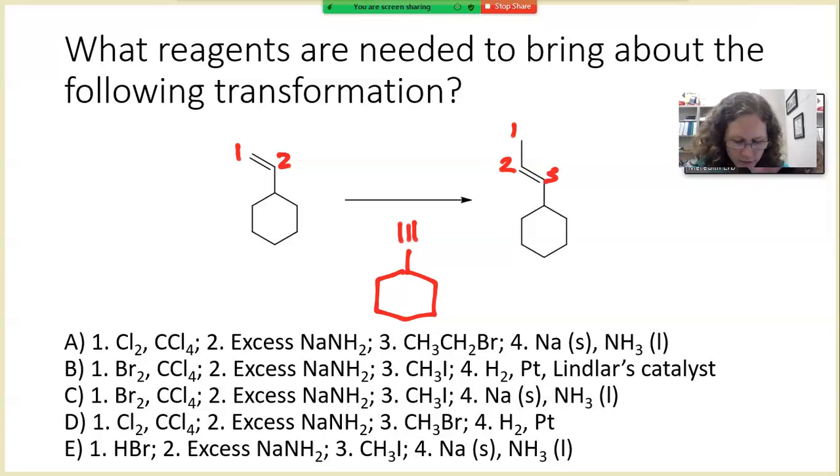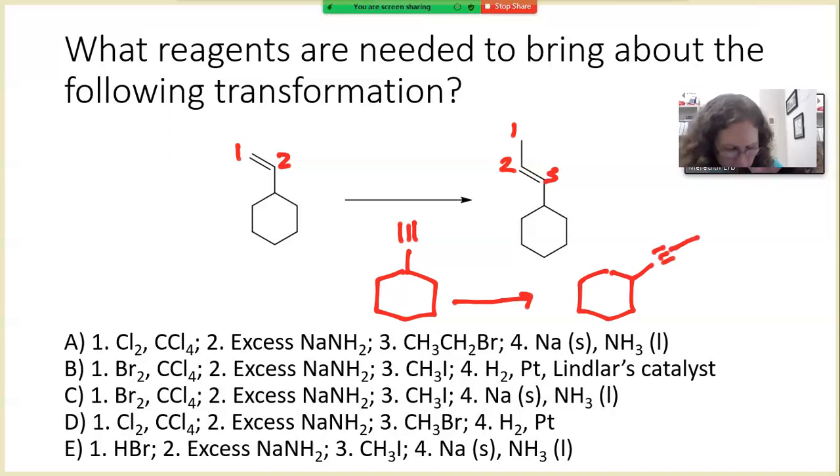So let's start with the alkylation, because we know that needs to happen after we make an alkyne. So alkylation would let us add one methyl group to that alkyne. So that gets us to a place where we've got all the carbons that we need now.